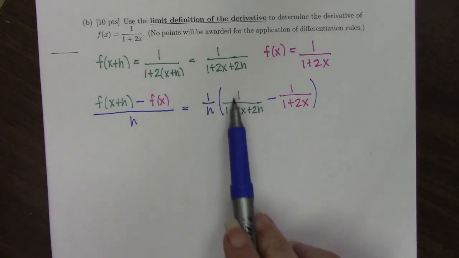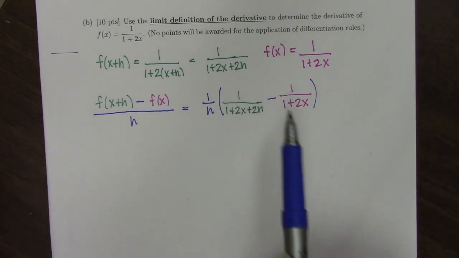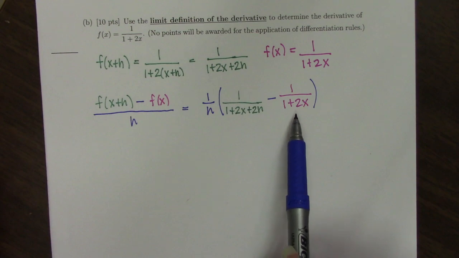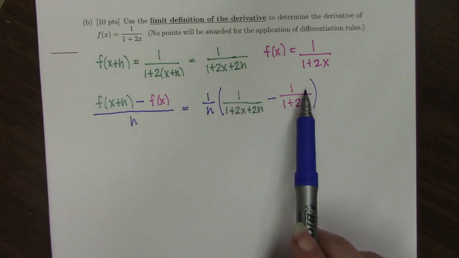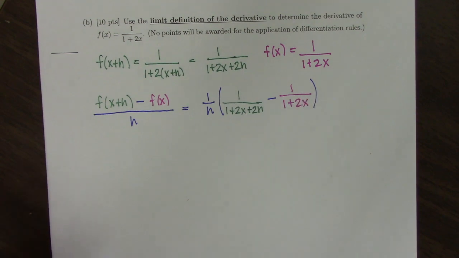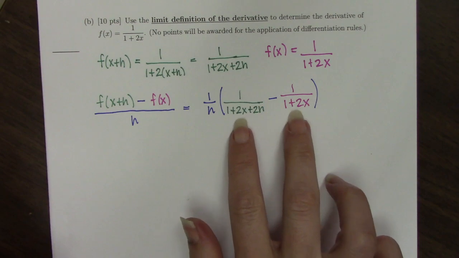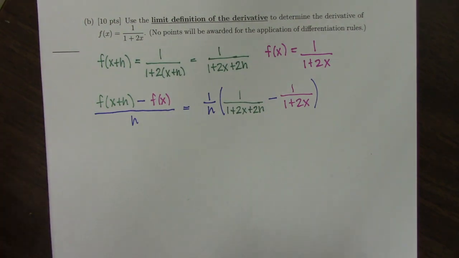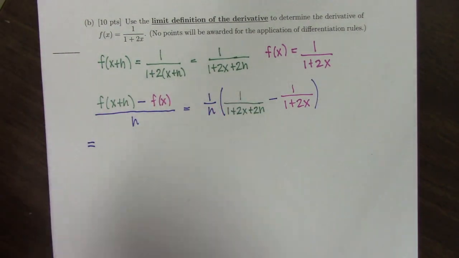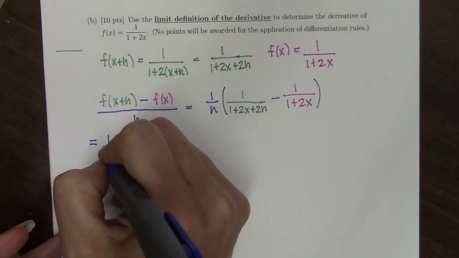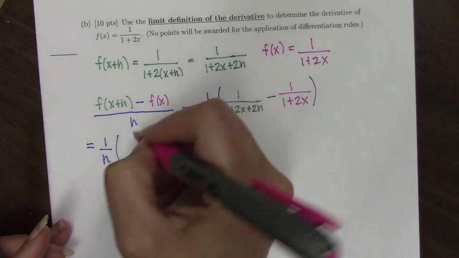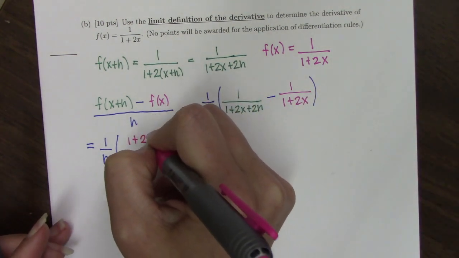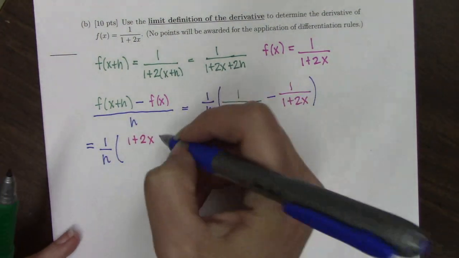I'm going to need to get a common denominator to combine these two functions. So I'm going to multiply this by 1 plus 2x, and multiply this by 1 plus 2x plus 2h. My common denominator will be these two things multiplied together. So once I've done that step, I'm going to have 1 over h. 1 times 1 plus 2x is 1 plus 2x.